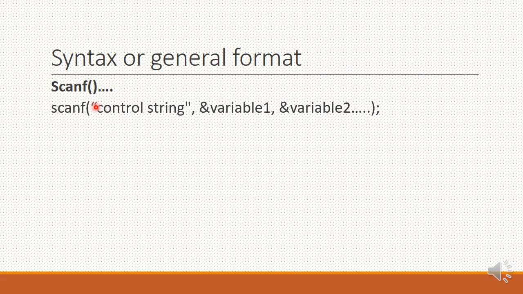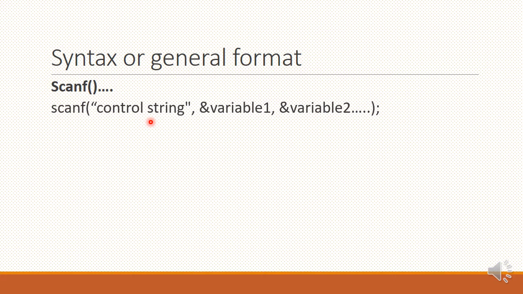In scanf, in the double quotes you write the control string. What do you mean by the control string? If you want to read an integer value, you take %d. In the last class I told you that to read and print an integer value we use %d.